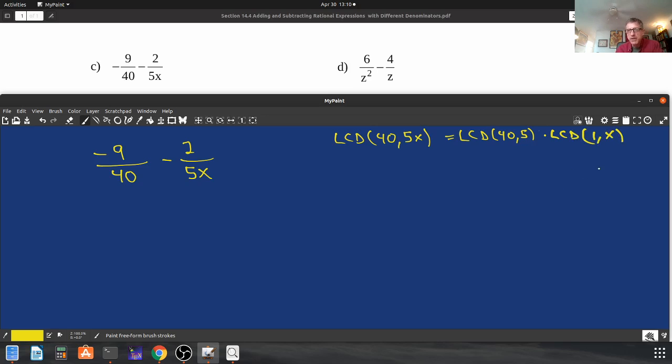If you want to write 1 as x to the 0th and x, you can do it this way. So what you do is you split the constant terms up and then the variable terms. And here, remember, our rule was to take the variable term with the largest power. So that's just going to be x. And the LCD of 40 and 5, well, 5 divides 40, so that's going to be 40x. So that's not so bad.